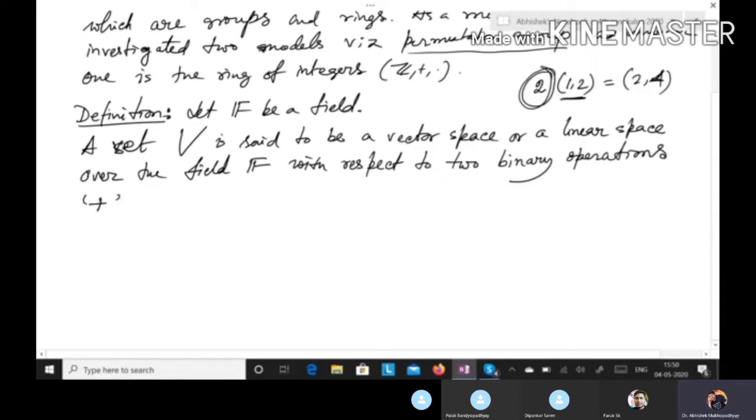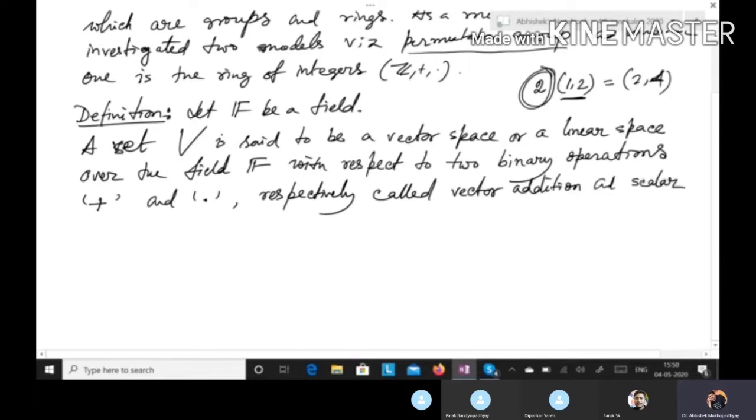One we denote by plus, and another is denoted by dot. Respectively, plus is called vector addition, and dot is called scalar multiplication.